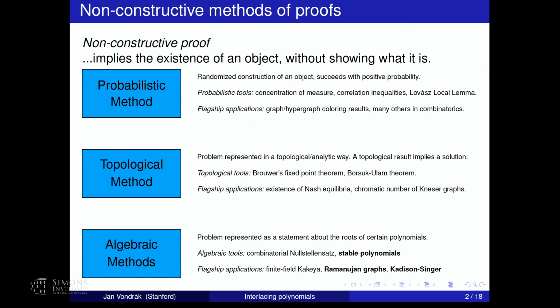And these kinds of arguments can yield some very interesting results. So let's call these methods algebraic. Famous examples of results proved by algebraic methods are the finite field Kakeya problem, and most relevant to this program, the existence of Ramanujan graphs and the Kadison-Singer problem.